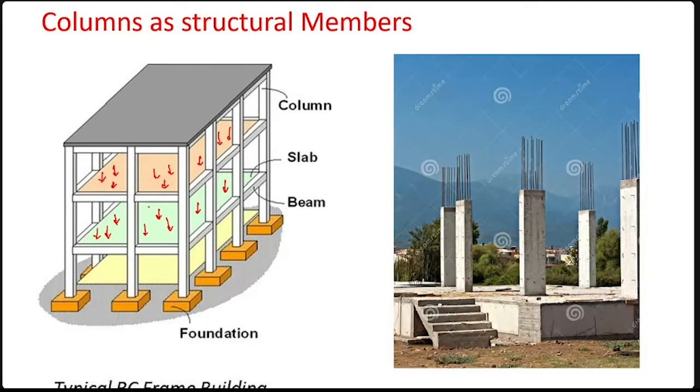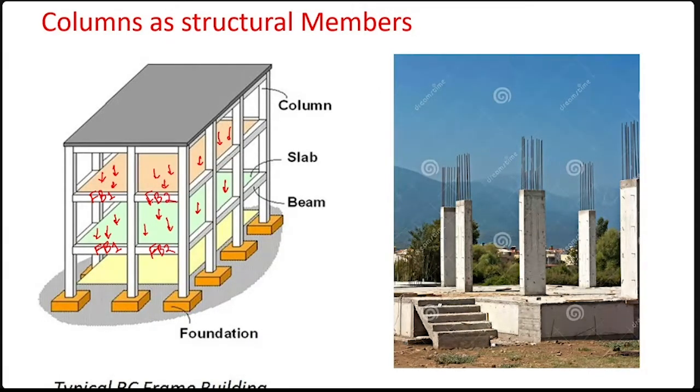So the beam on this floor, we say FB1, floor beam 1, in every story will have the same dimension. A certain floor beam at a certain location will have the same dimension in every story.